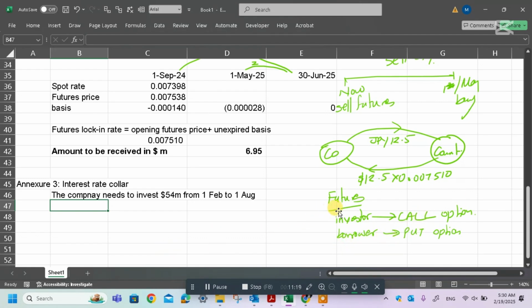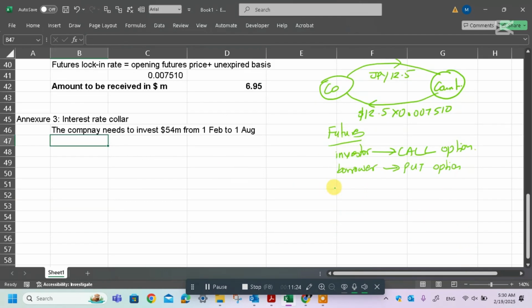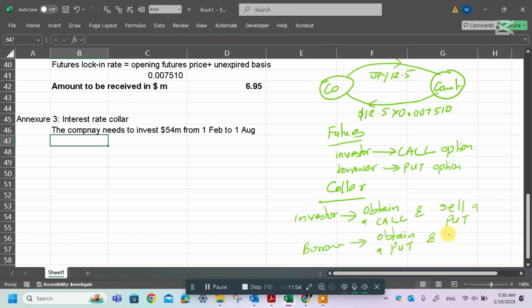And if it is a collar, what should the investor do? You basically buy a call option and do the opposite, sell a put option. This will be the collar. Whereas the borrower, as we said, has to obtain a put option, and sell a call.